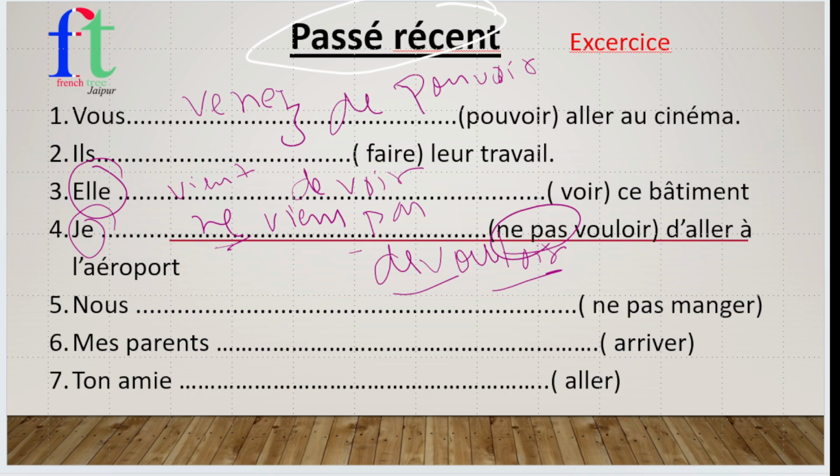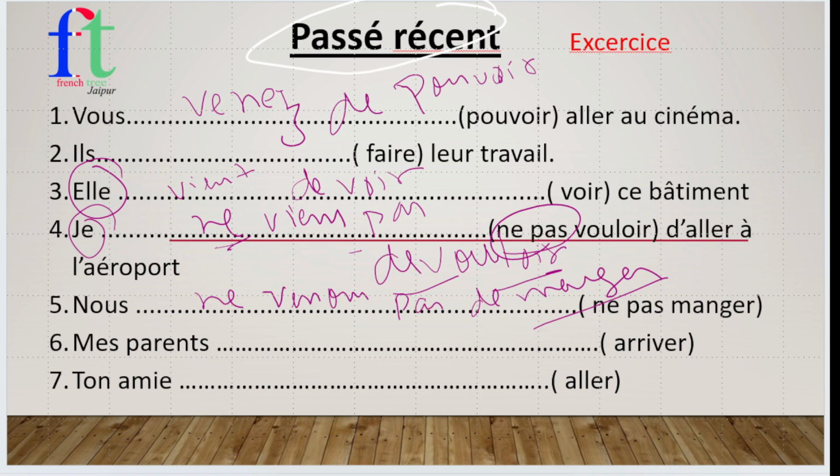Okay, give me the answer of the fifth one. Nous ne venons pas de manger, right? Is that clear? So this is the passé récent with all regular and irregular verbs.